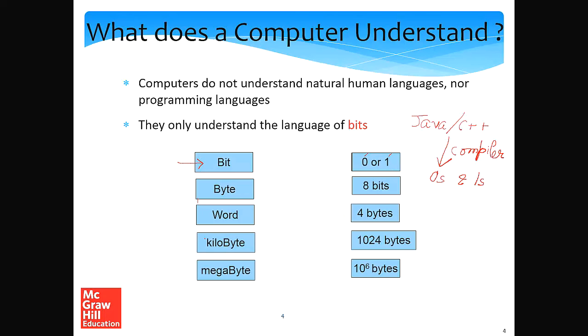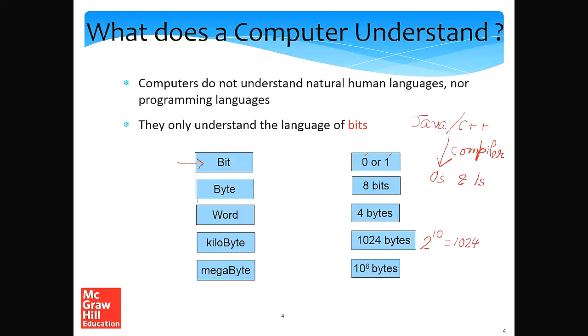And a kilobyte, where kilo means 1000, is defined as 1024 bytes. Why is 1024 interesting? As we shall see, 2 raised to the power 10 is equal to 1024, and this gives us some interesting properties to reason about such systems.